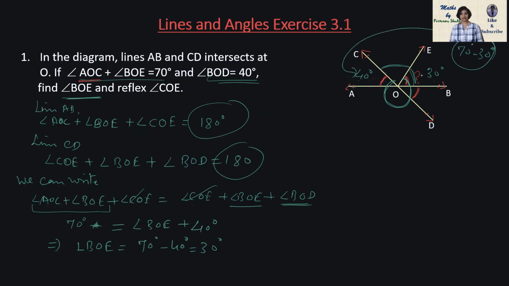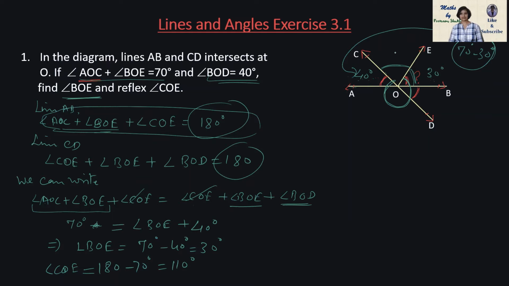So now these two angles are 70 degrees, and we will find angle COE. Angle COE equals 180 degrees minus 70 degrees, so this angle will be 110 degrees.